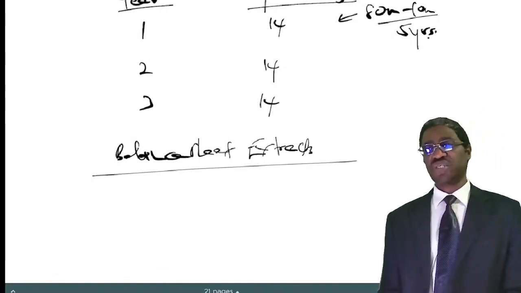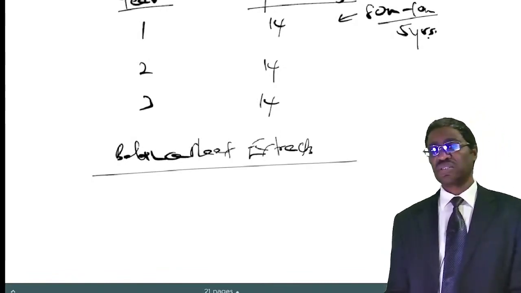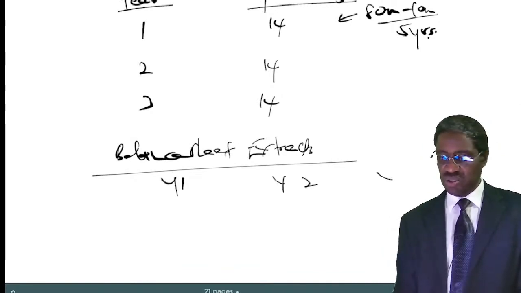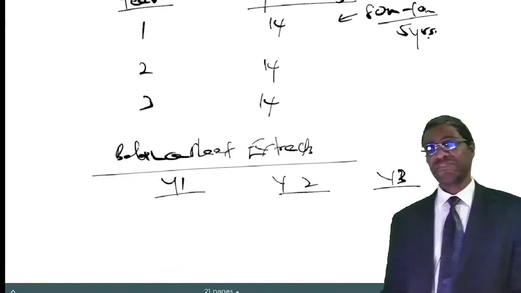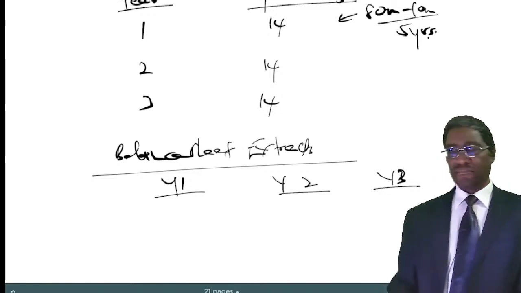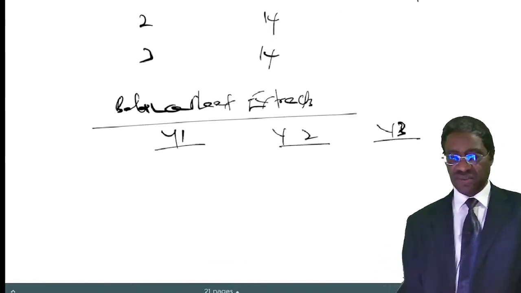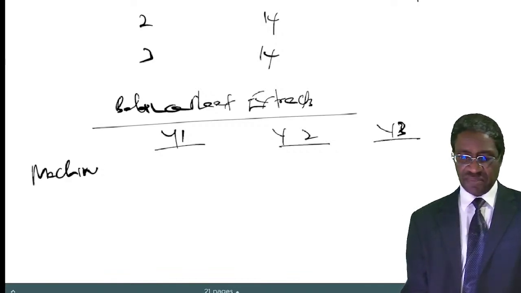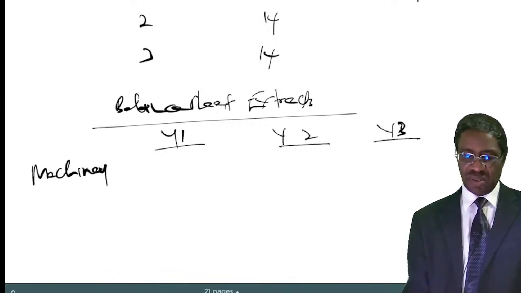Years 1, 2, 3. Then you have machinery. Then less accumulated depreciation.